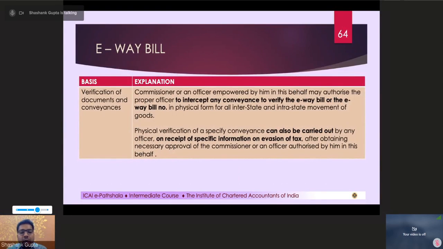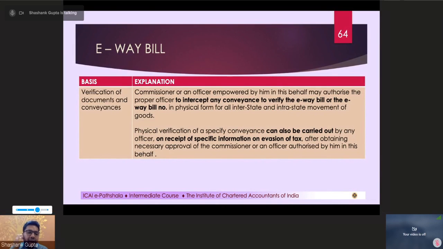Now, if the government wants to verify, stop any vehicle, check whether that is correct or not, that is another check which is available with the government. They can intercept any conveyance, verify the e-way bill number, verify the consignment along with the details mentioned in the e-way bill.